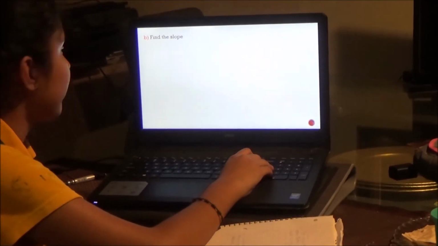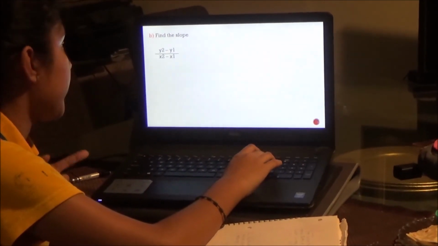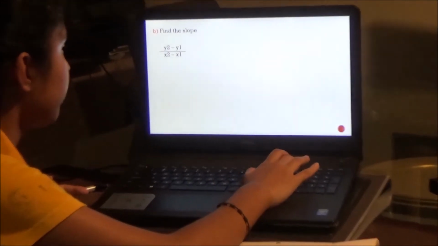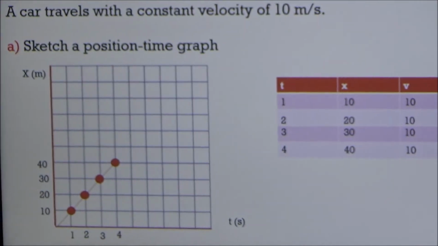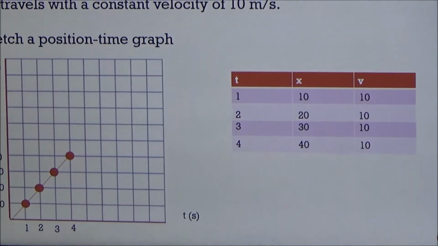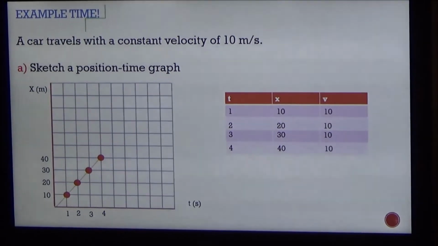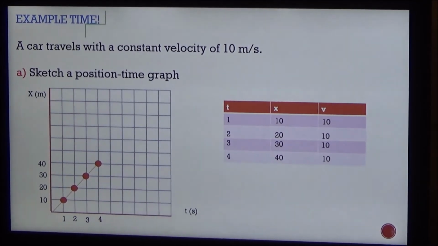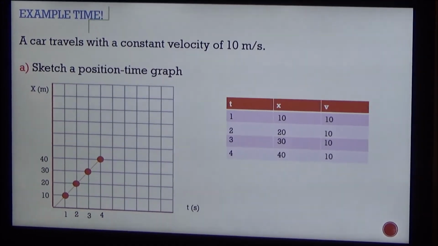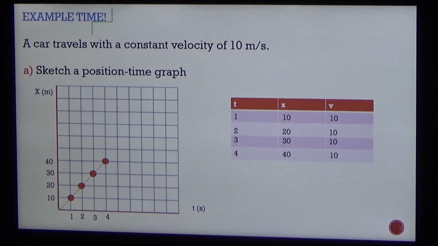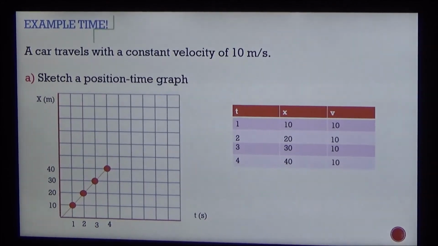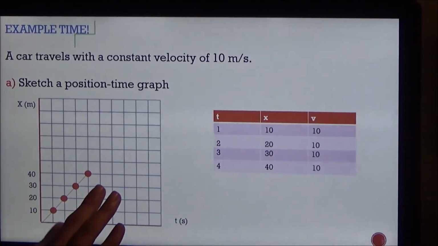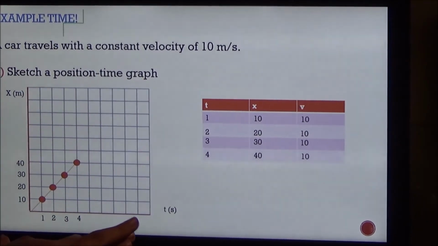Now we are going to find the slope. Remember that this is the formula. So let's go back, and we will note that these are the y's and these are the x's. So we can use any numbers of the graphic. For example, I will use 40 and 30, and I will use their counterparts on the time side. So it will be 3 and 4.